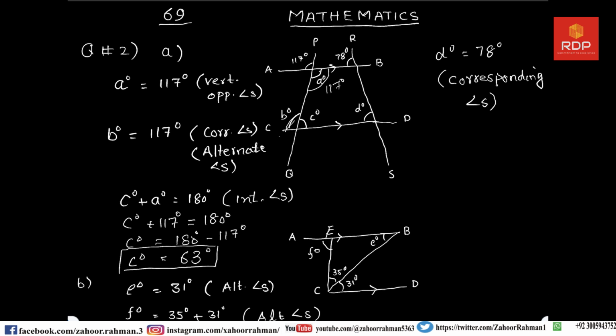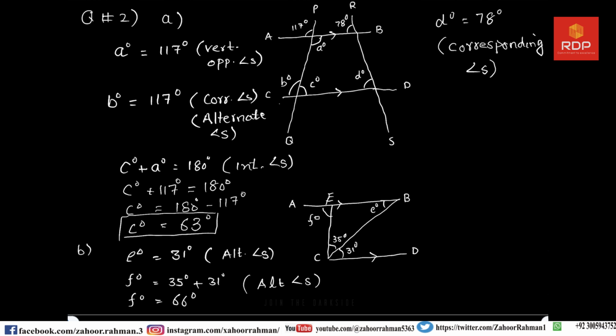So this B will be equal to this one, or B can also be equal to this one by two theorems, and they are the corresponding angles and the alternate angles. So whichever angles you like, you can use. Now both the values are equal to 117.